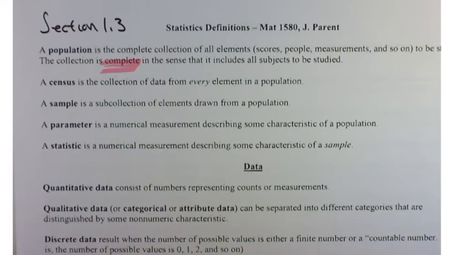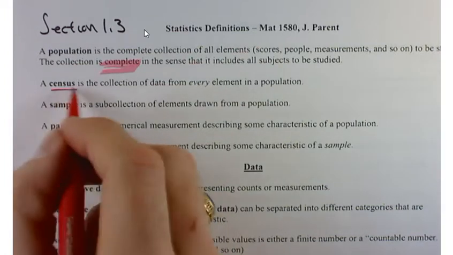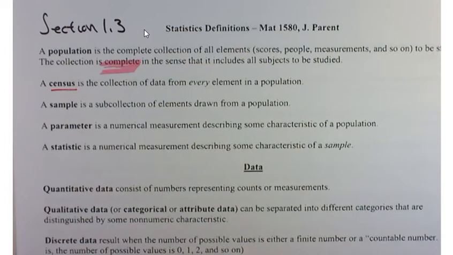But interestingly enough, Congress won't let them. Congress says, no, it's just a strict enumeration. Whoever shows up for the count, great, and then that's it. We can't use statistical methods to improve the actual numbers that we use for the census, even though we know what it is. Now, it's important to realize that the census is a collection of data from every element of the population.